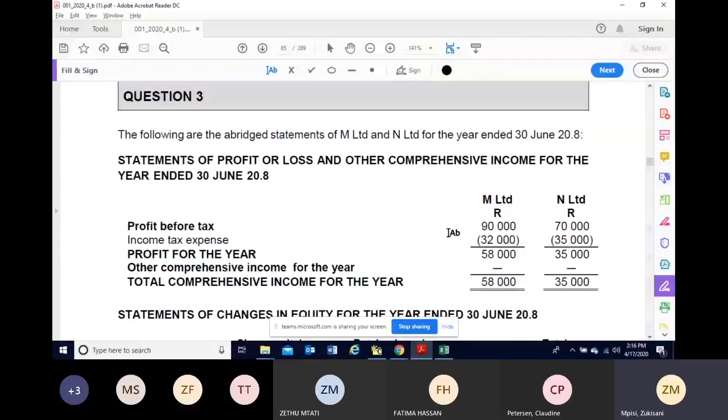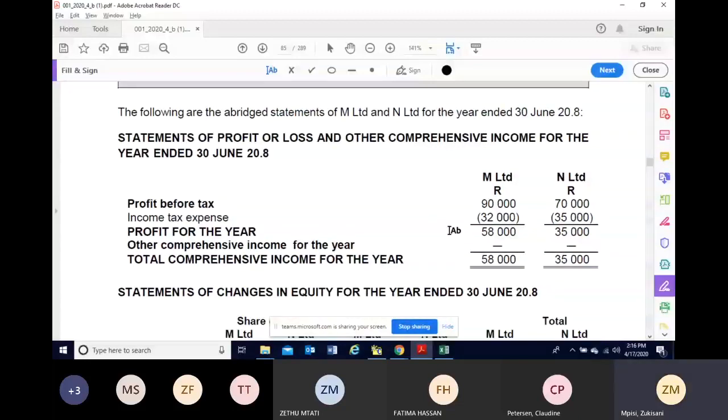So let us now read what's happening here. We are told on question 3, the following are financial statements of MLTD and NLTD for the year ended 30 June 2008. Therefore, we look at what first are we provided. We are provided statement of profit or loss and other comprehensive income for the year ended 30 June 2008. Remember, this is what we are required to do.